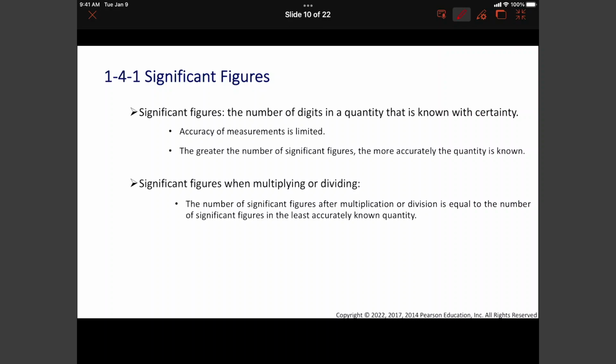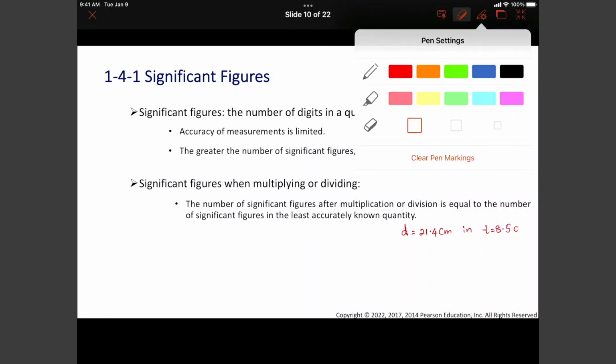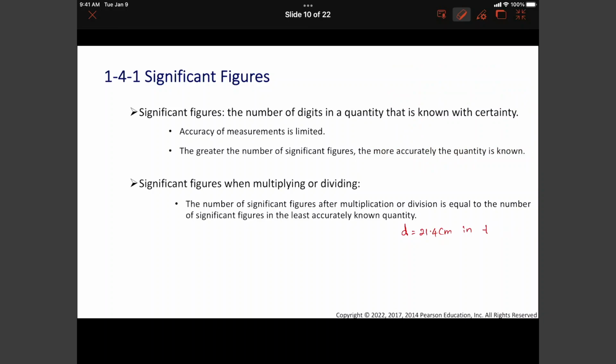For example, if our tortoise traveled the distance 21.4 centimeters in 8.5 seconds, so d is equal to 21.4 centimeters and t is equal to 8.5 seconds. So we can determine the speed of the tortoise by dividing the distance over time.